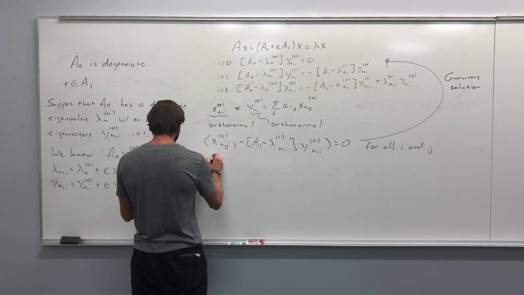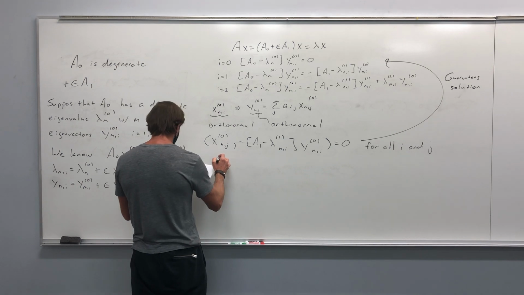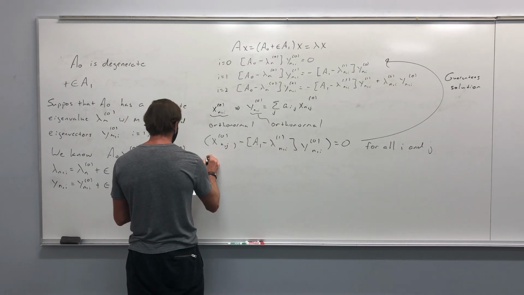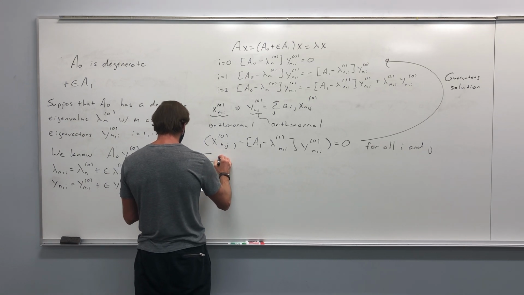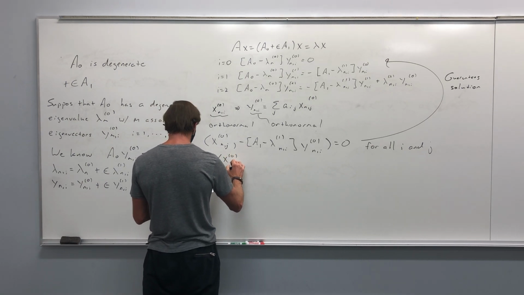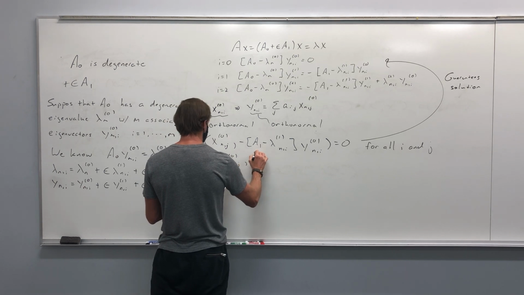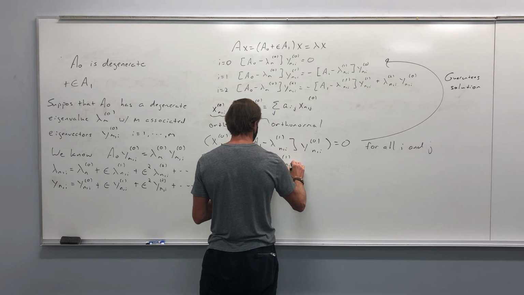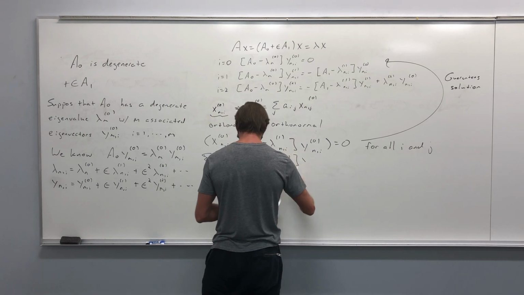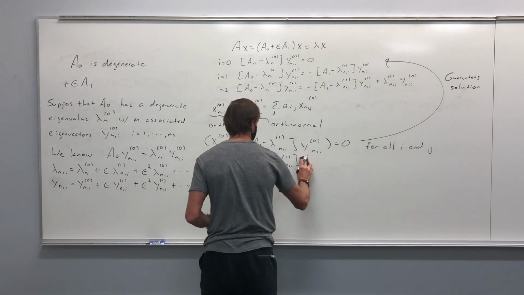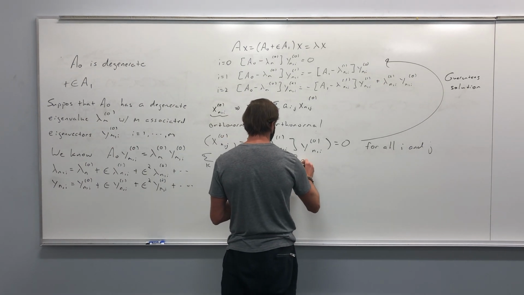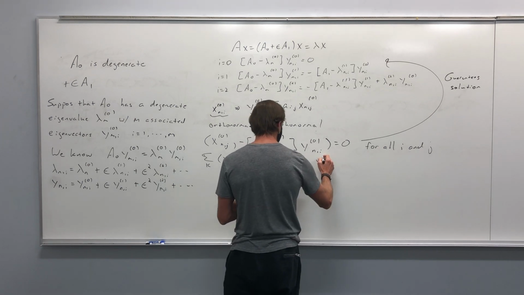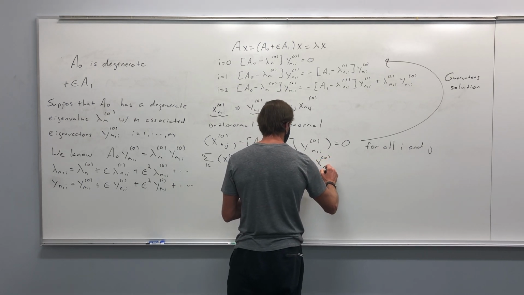Now, we can take this and say, all right, this can be written as the sum over k of x0, nj, a1 minus lambda 1, ni, aik, x0, nk.